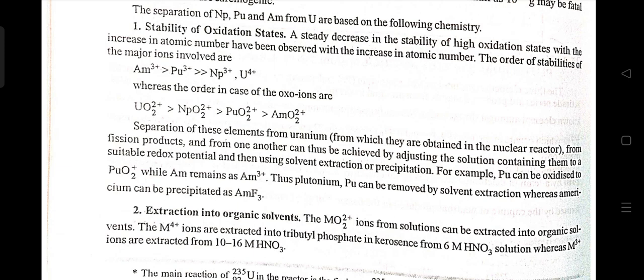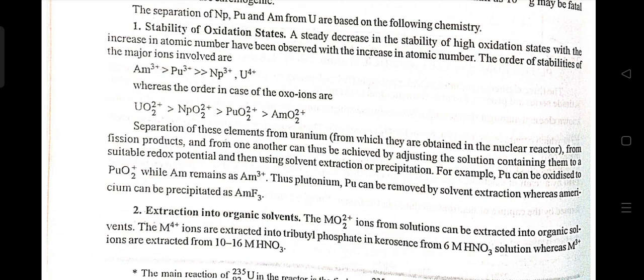The order of the stabilities of the major ions is Am3+ is greater than Pu3+, that is greater than U3+, whereas for the oxo-cations it follows the order UO2+, NpO2+, PuO2+, and AmO2+.